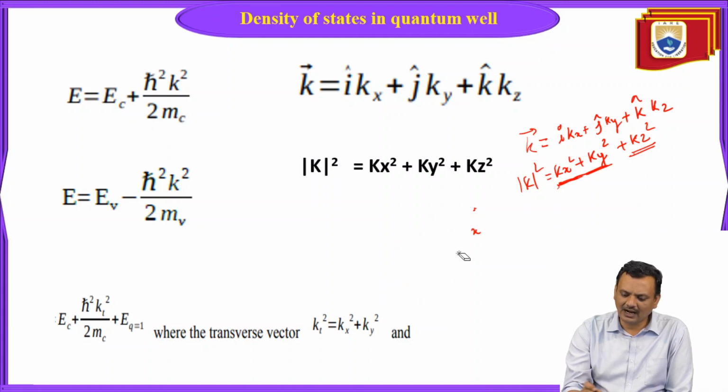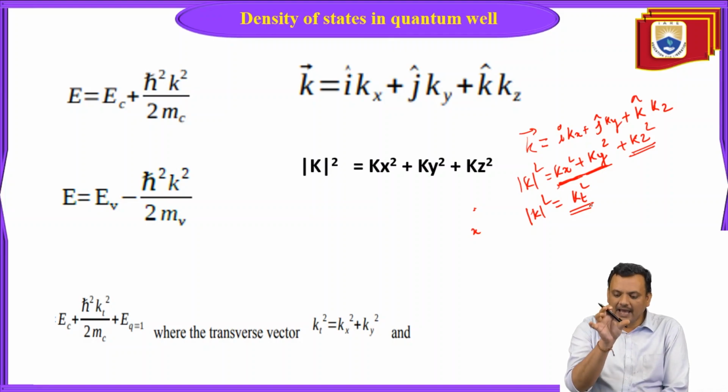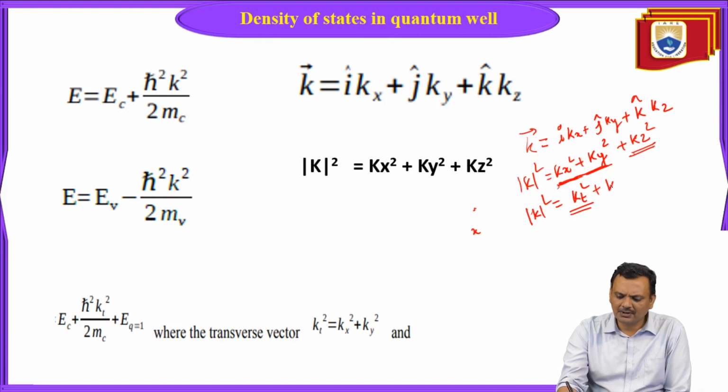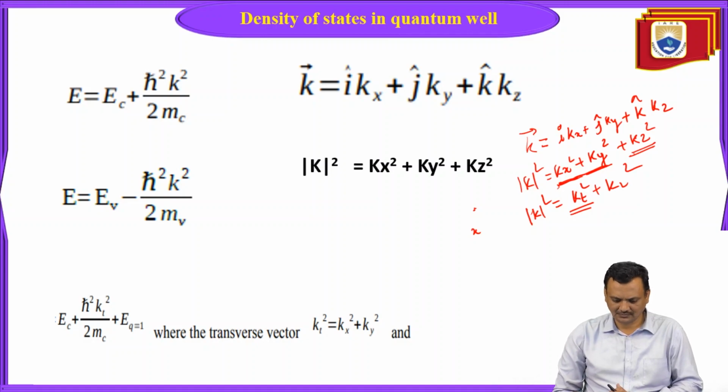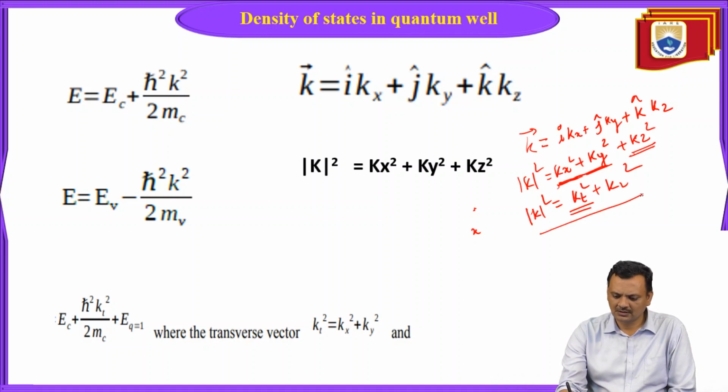So you can write the expression for mod of k square as kt square, meaning the transverse component of that particular plane, plus kz square. So this is your first equation.